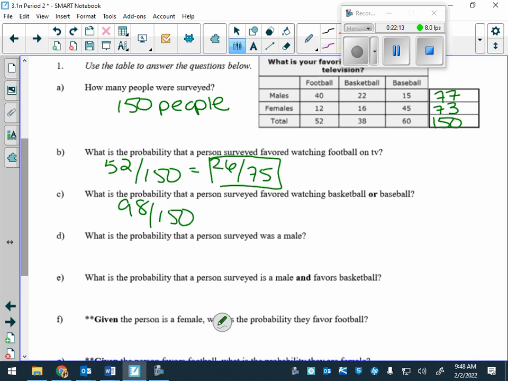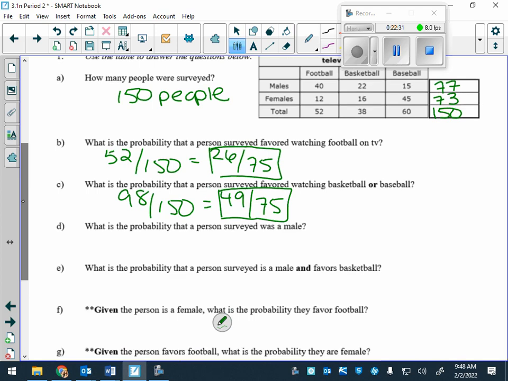Because remember, all of basketball, 38 plus 60 gives you the 98 out of 150, which is 49 out of 75. Okay. What is the probability that a person surveyed was a male? Eliza. Good. 77 out of 150.